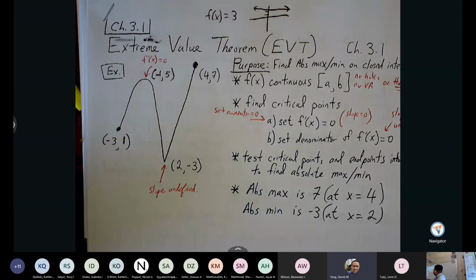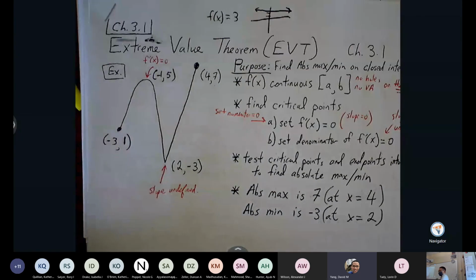You can imagine how this can all of a sudden become the absolute max, and this is already the absolute min. Or if I extend this line further down, I can see how the endpoint could be the absolute min. So when we find critical points, we find potential candidates for absolute max and absolute min.